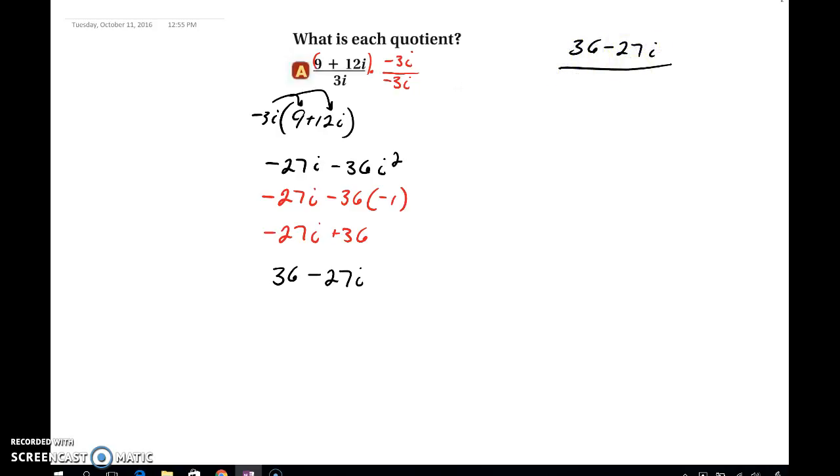All right, and then our denominator, we will do 3i times -3i, which is then going to give me -9i squared. We know i squared is equal to -1, so -9 times -1, which is then going to give me +9. All right, now, just like any other fraction, you want to reduce your fractions if you can.